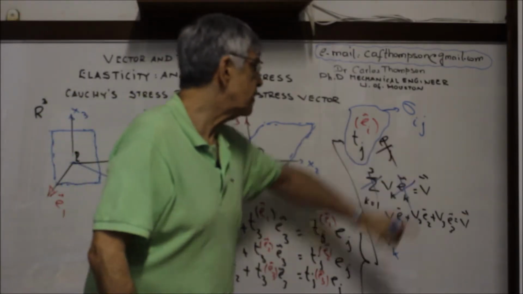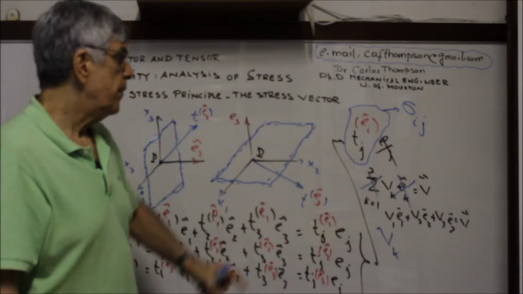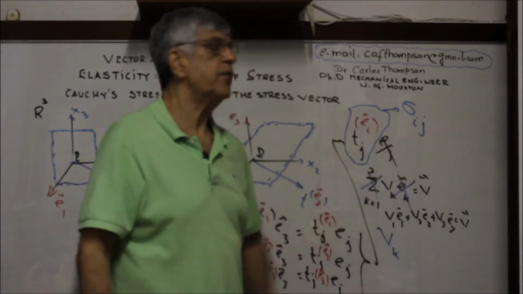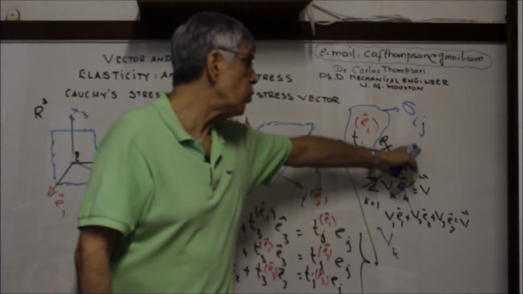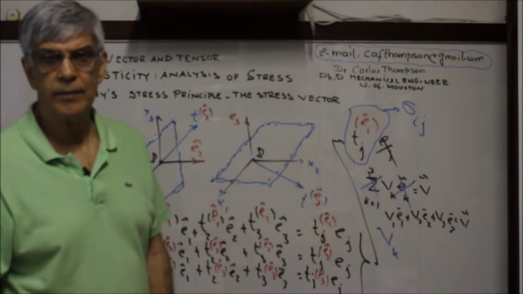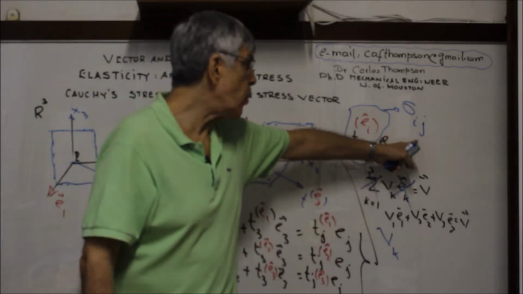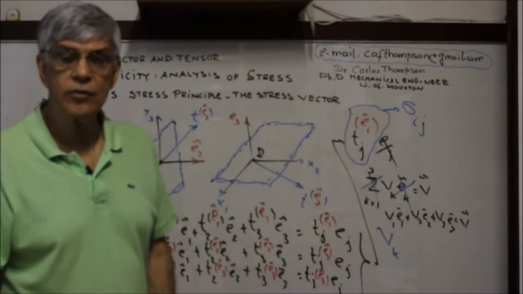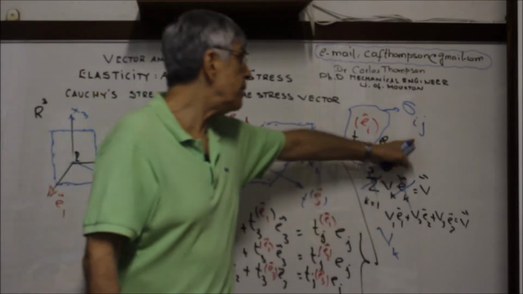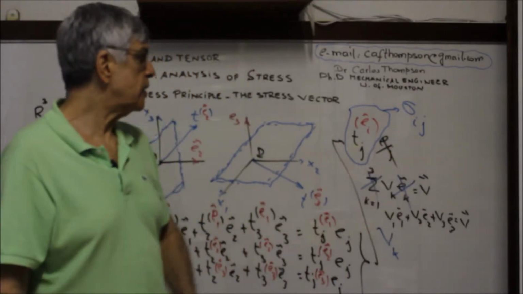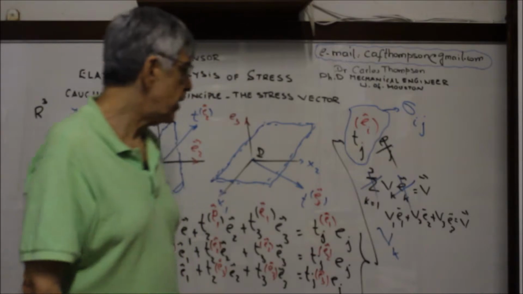These are the elements of a matrix. This is a second order tensor. These are just the components of a second order tensor, or the elements of the matrix sigma ij.